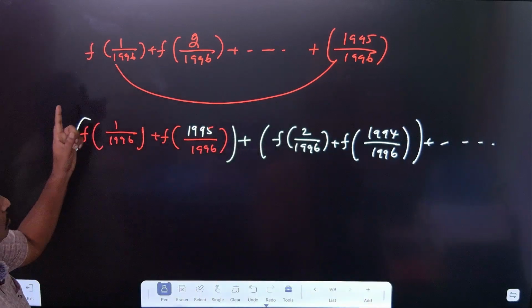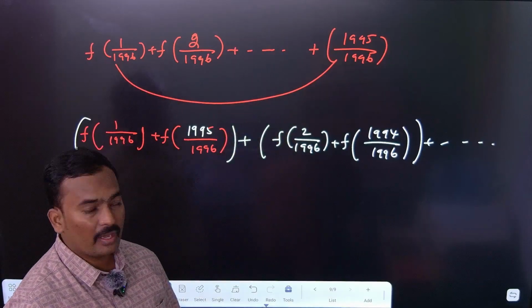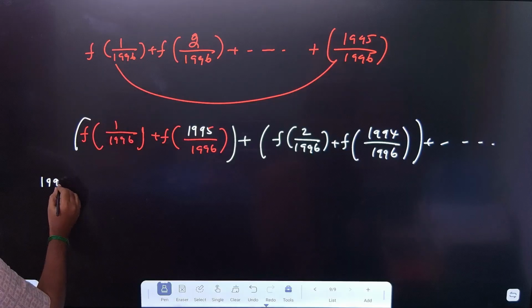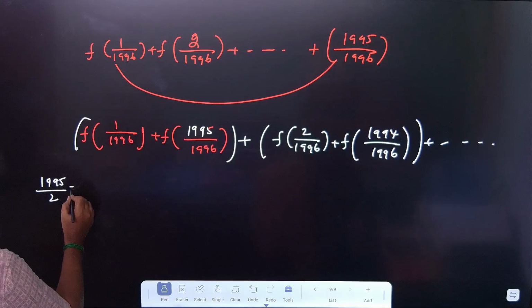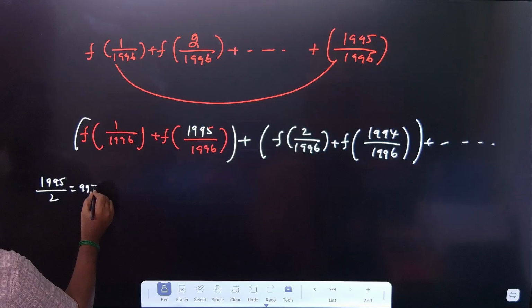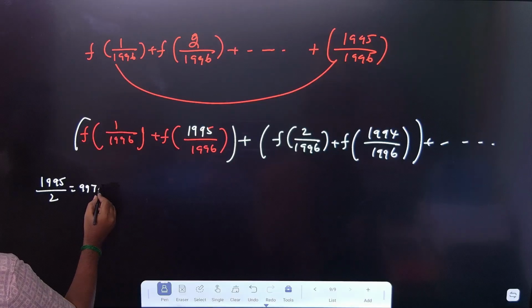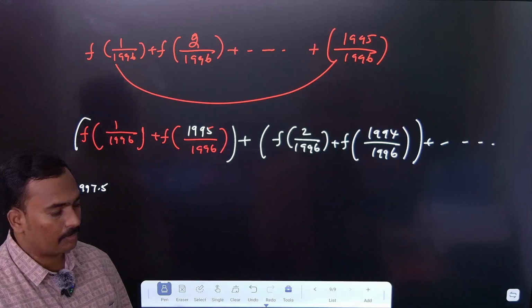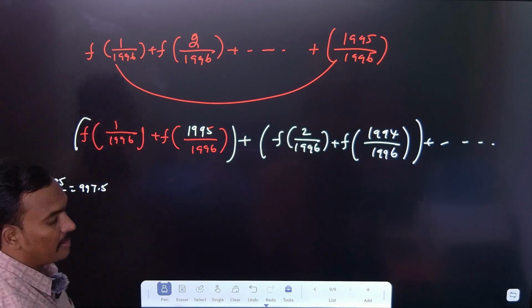You can see the total number of terms here is an odd number, 1995. Half of that is what? 1995 by 2, so 997.5 will come. So that means how many pairs are possible here?